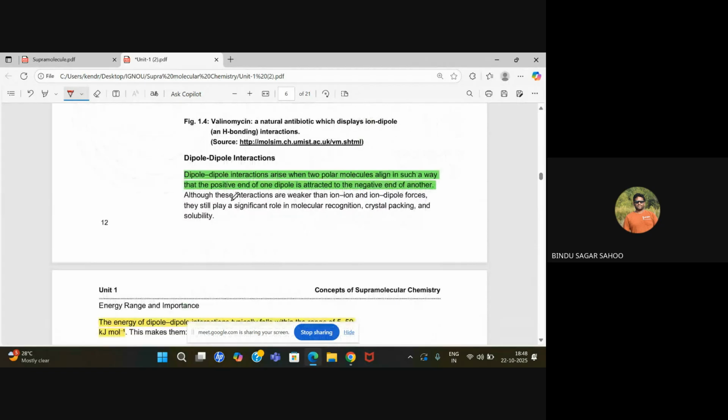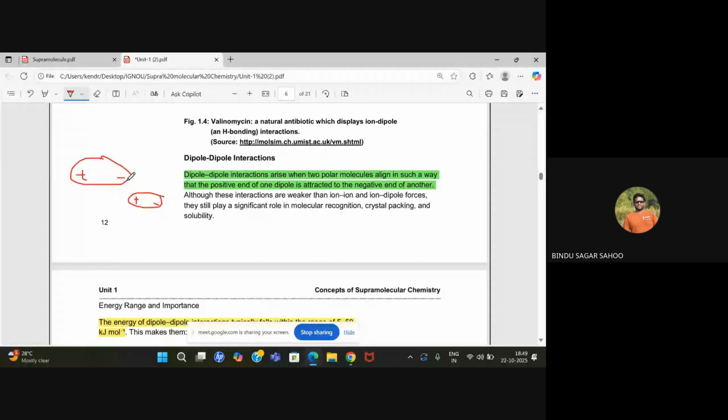So the third type of interaction is dipole-dipole interaction, which arises when two polar molecules align in such a way that the positive end of one can interact with the negative end of another molecule, and the negative end of that molecule can interact with the positive end of the other dipole. Yes or no? That means there will be one dipole having a positive end and a negative end, and another dipole also having a positive end and a negative end.